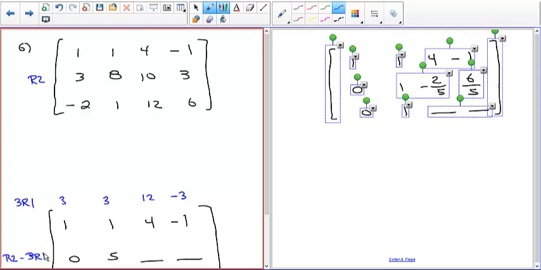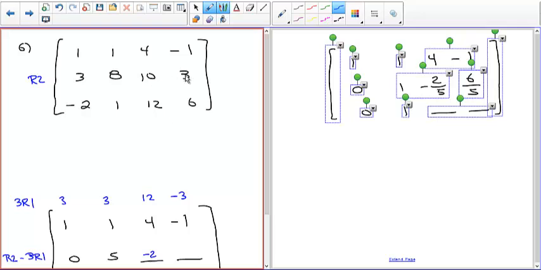Okay, so what I'm going to do now is replace the old row 2 by taking old row 2 and subtracting 3 times row 1. So I'm going to take this minus that. 3 minus 3 is 0. That just confirms that I'm doing it right. 8 minus 3 is 5. 10 minus 12 is negative 2.